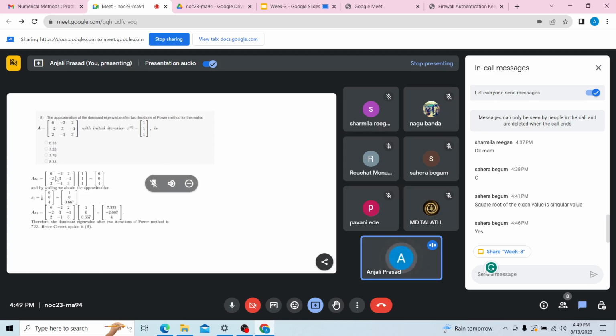We have two iterations, and after two iterations only you are going to get 7.33, not 7.79. If it is clear, we will move to the next question. Shall we proceed?